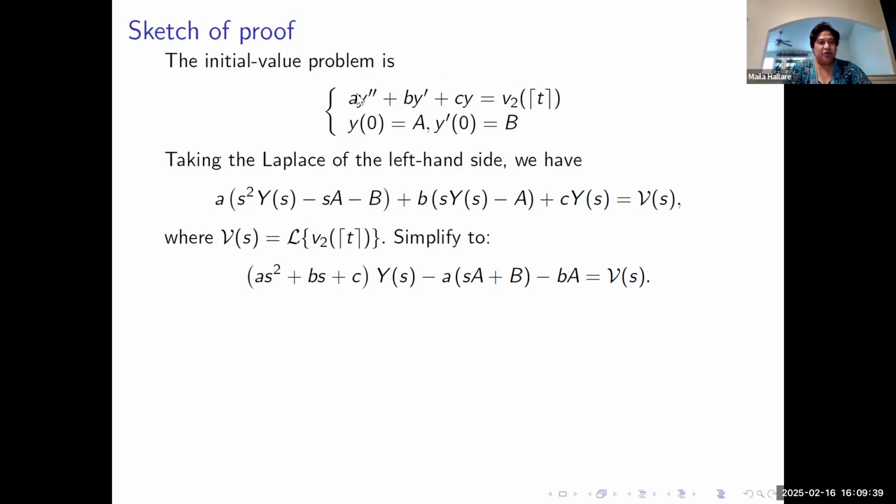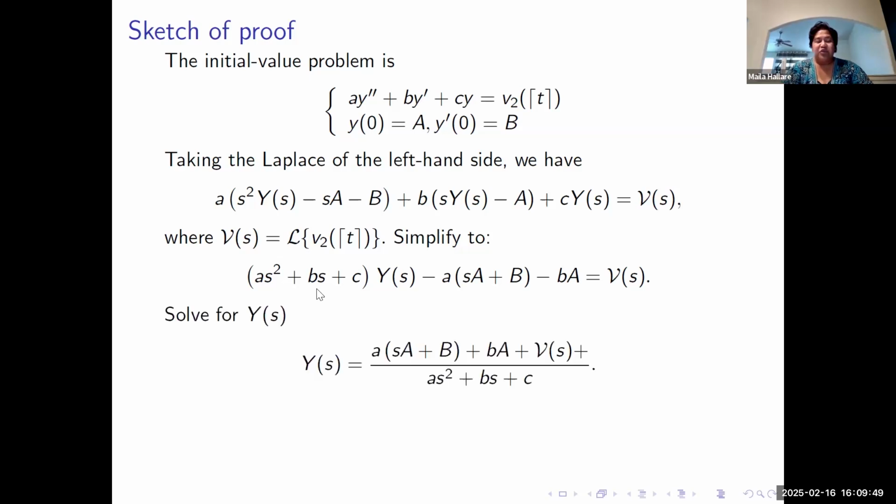Because this is second order, we know that in the transformed variable s, we will have a quadratic in s. So we now solve for y of s, being the Laplace of the solution y of t. So the Laplace transform method allows us to transform the given ODE into an algebraic problem.